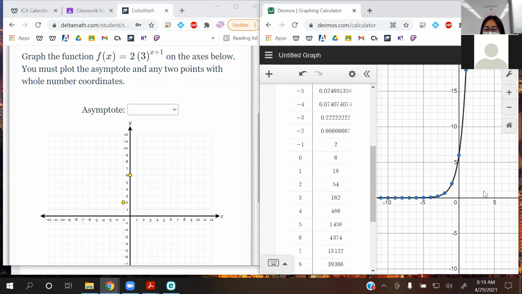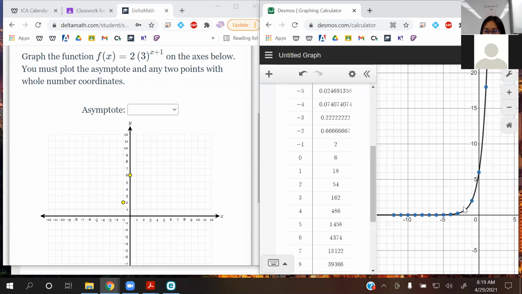If you look on the graph, you can kind of tell that it gets flat right around here. So now we need to wonder what that number is. We can take a look at it from here, where it gives you a y value of 0, and another y value of 0, and another y value of 0.